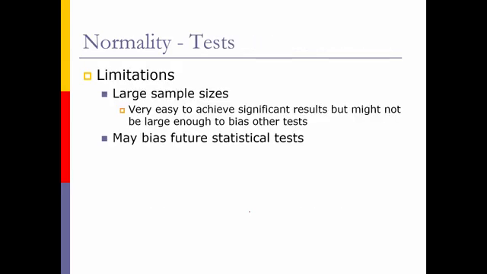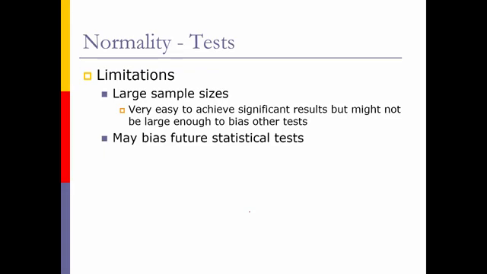Now the test, here we go, we have issues when we run tests on data. We do not want to bias any future statistical test. We'll get to the Bonferroni correction factor later when we talk about the t-test. But what happens is when you run multiple tests on the same data set, if you want only a 5% error, running multiple tests is going to automatically give you much greater than a 5% error.